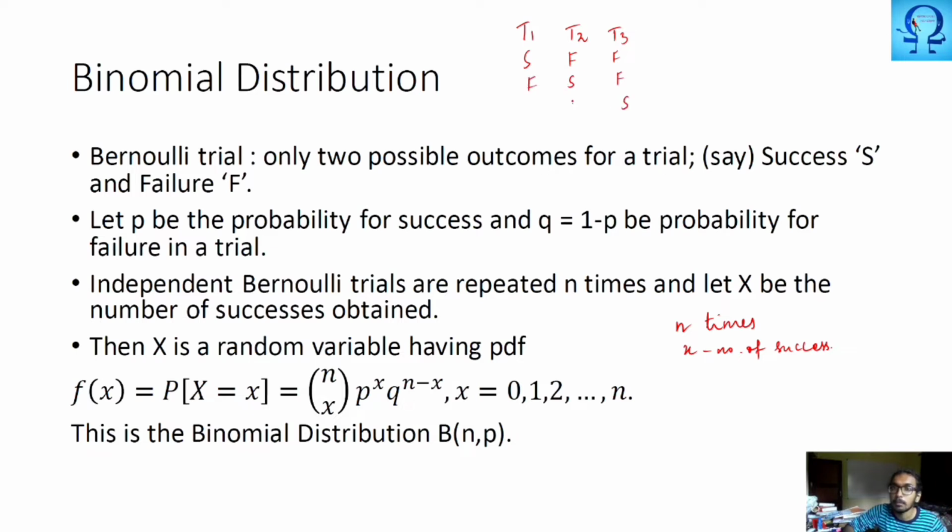These are the three possibilities. So out of this n, you will have to choose this x number of successes. That is why we have this binomial coefficient here. And you have obtained success x number of times, which implies that you have obtained failure n minus x times. So the mass function is given in this form.